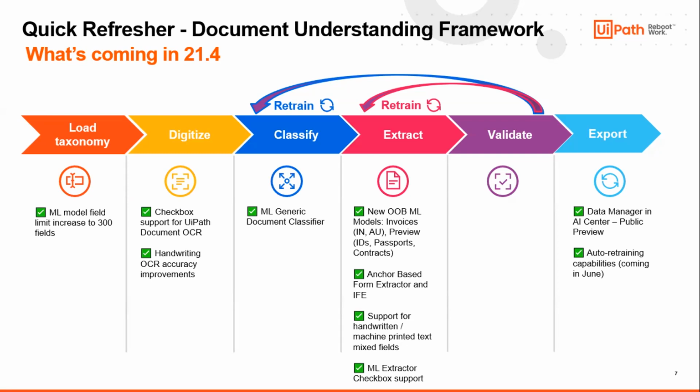So when it comes to more and more complicated things, we can use the machine learning classifier to identify this kind of documents. So I'll be showcasing how to do that today. And along with that, for extraction, we also have new features, like in the form extractor, now we can include anchors.